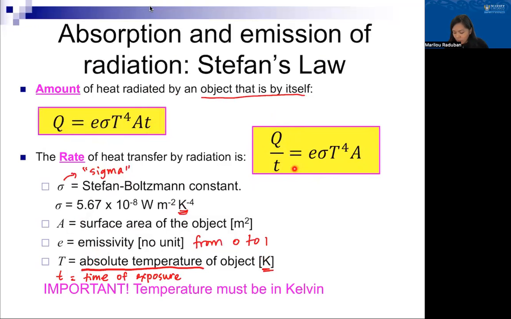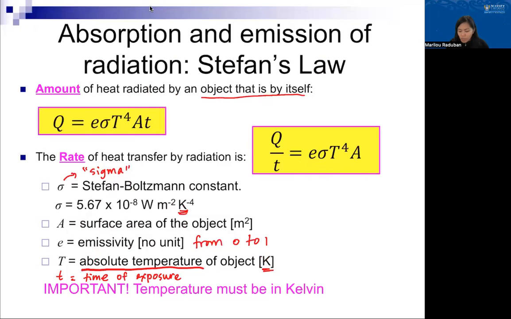The rate of heat loss depends on emissivity, temperature to the power of 4, the area, and the constant. So you use this equation if the object is just by itself and just emitting radiation without considering the atmosphere or the environment where the object is.